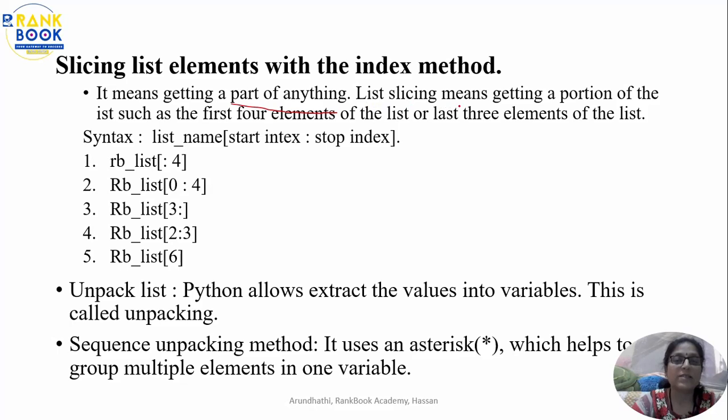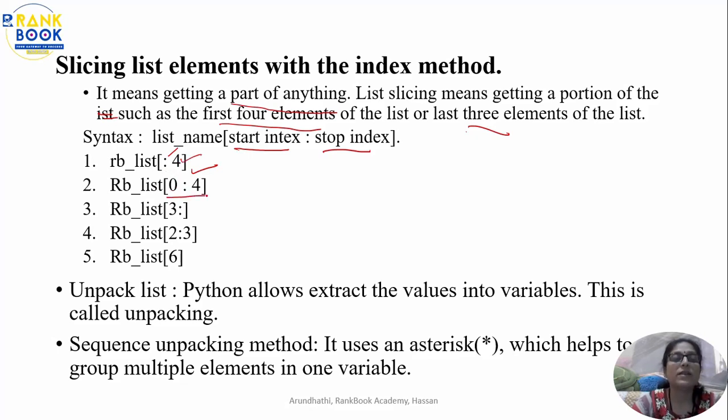So list slicing means getting a portion of the list, like the first 4 elements of the list or the last 3 elements of the list, and it has the syntax list_name with a starting index and a stopping index. So here in rb_list, any value that starts from the initial point is initiated with a colon, and 4 will be the ending point.